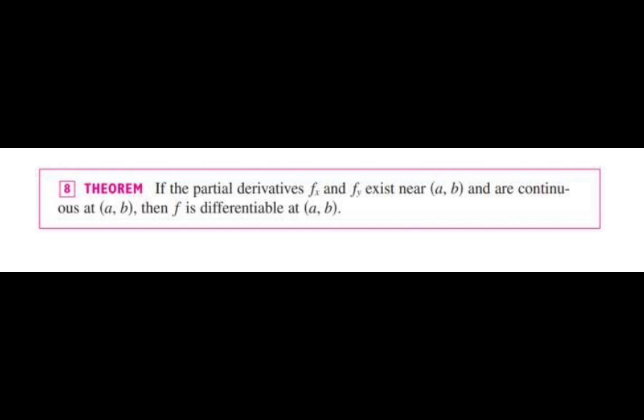This theorem provides a more convenient and widely used sufficient condition. If a function's partial derivatives exist and are continuous around the point, then the function is guaranteed to be differentiable there, simplifying the verification process significantly.